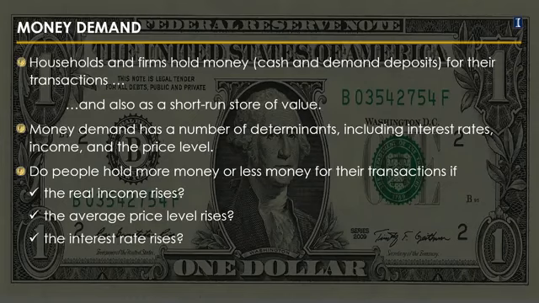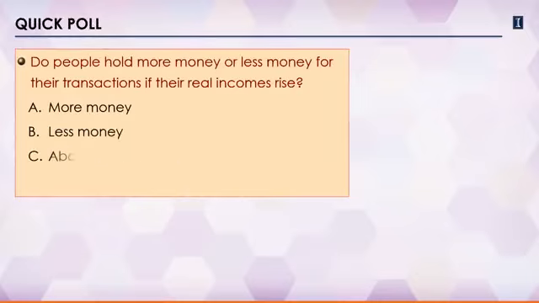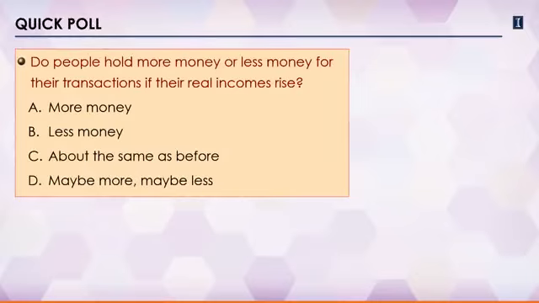In order to do this, I'm going to give you a quick poll and ask you to think about this and provide your own answer. We're going to then put everything together.